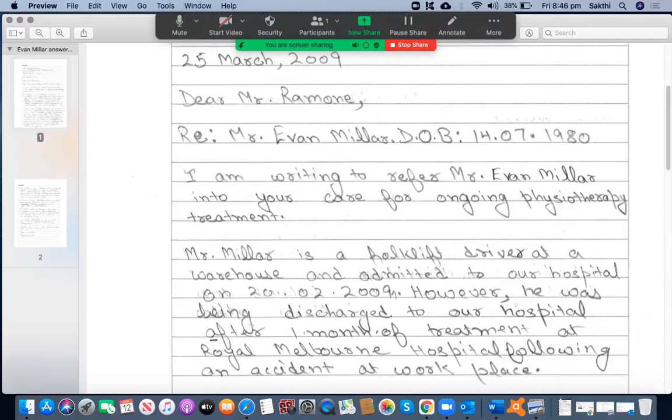In this case, he has written down the full name of the patient in the introduction paragraph, which is not needed because he has already represented the full name of the patient in the reference details itself. So he could have used just the surname of the patient because the patient is an adult.